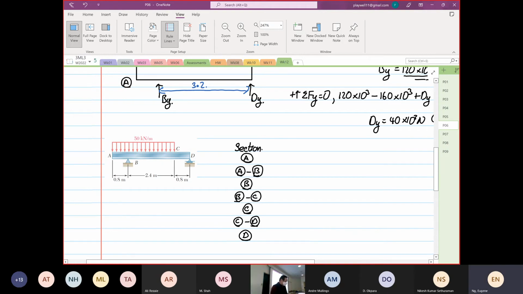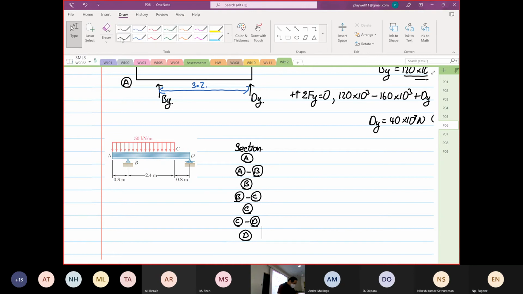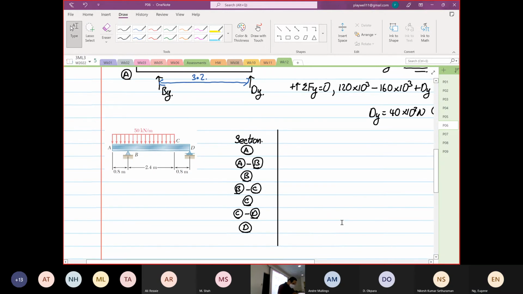So you create a table first. And then on the next one, you create the X. So the geometric datum is always on the left-hand side, right?